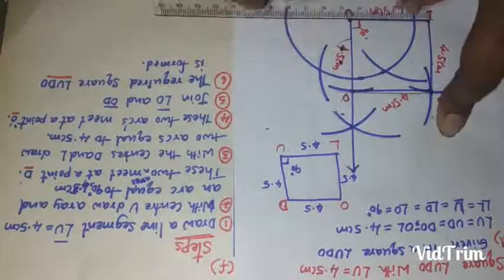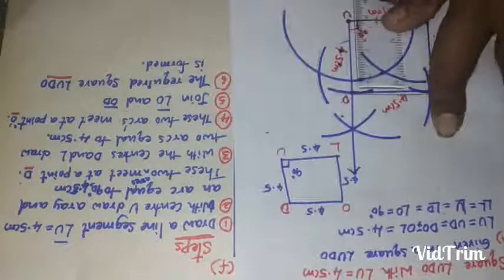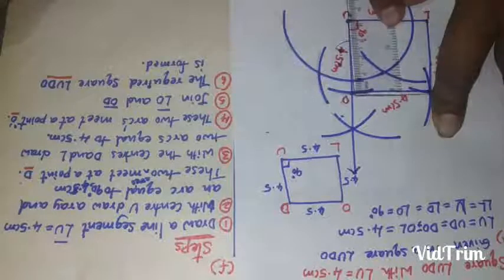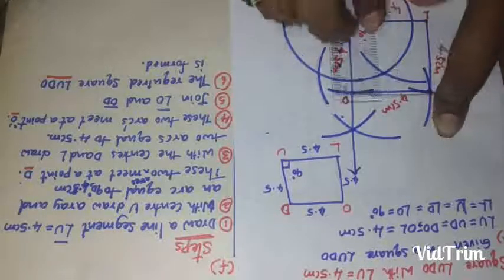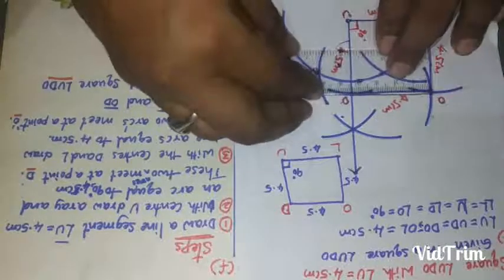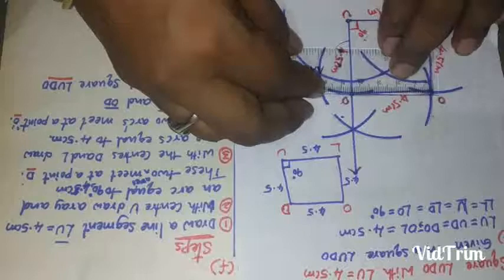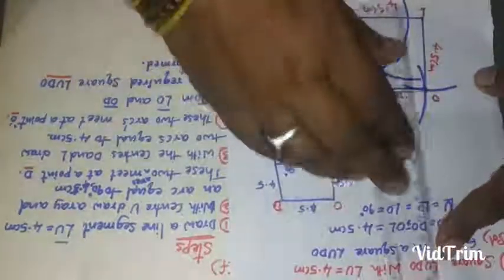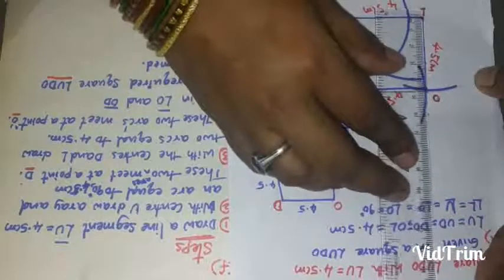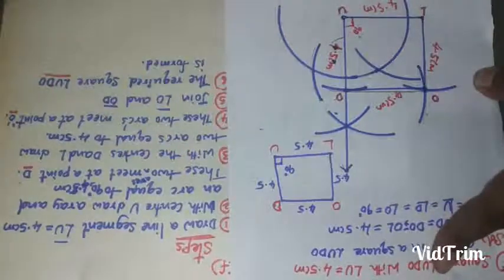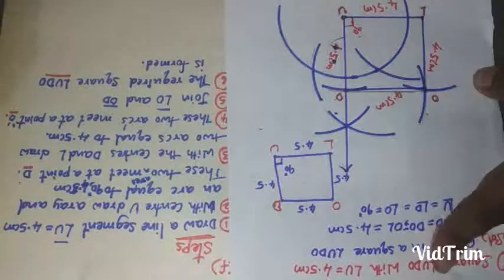See here, this is 4.5 here also. This side OD also 4.5, and each and every angle is 90 degrees.